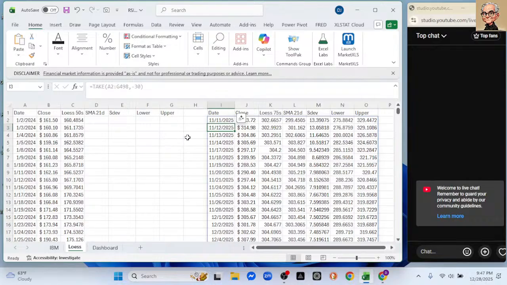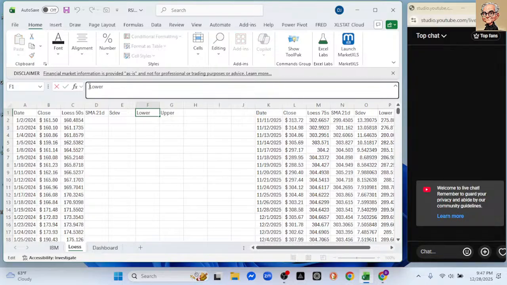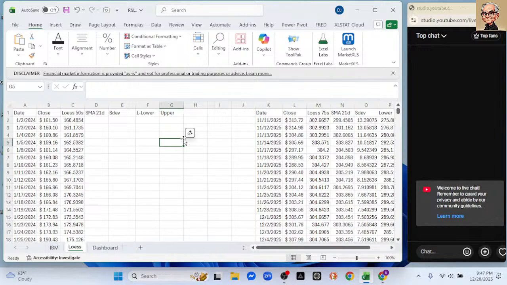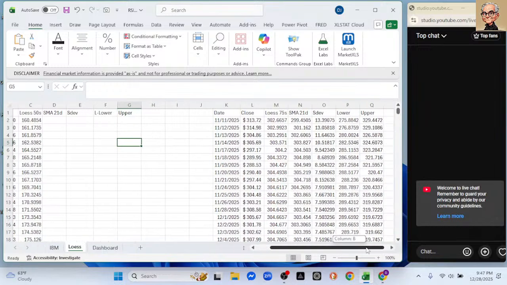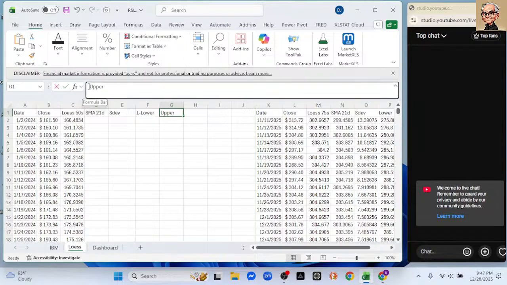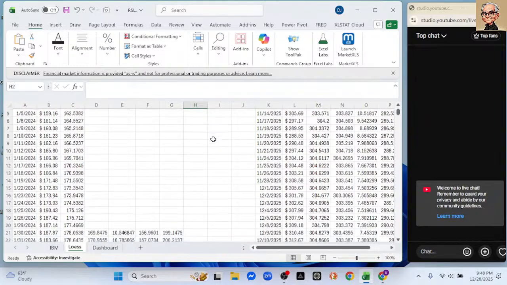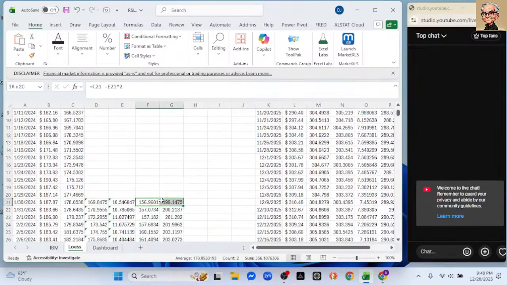Now what we can do over here again is move this. Let's call this underscore. Let's call this B lower and B. Let's just try something.